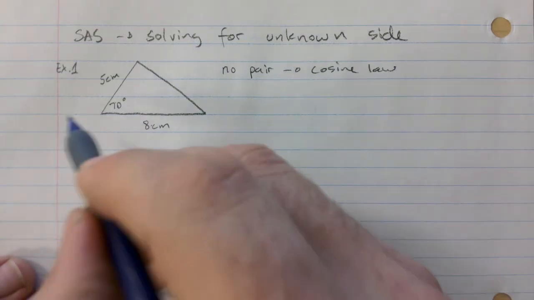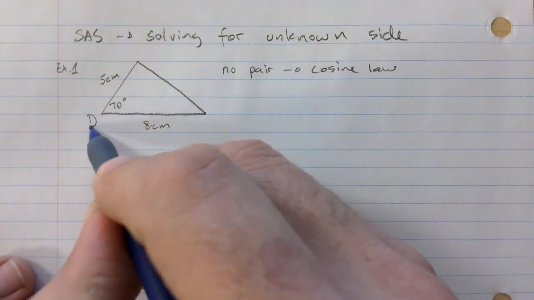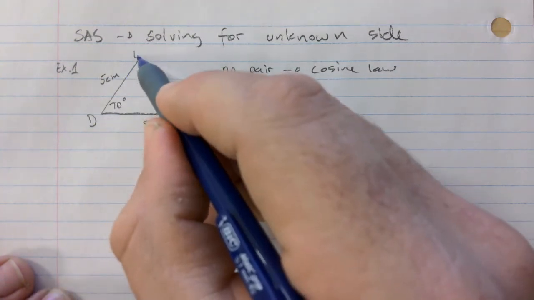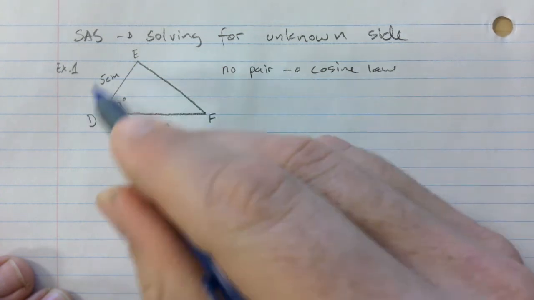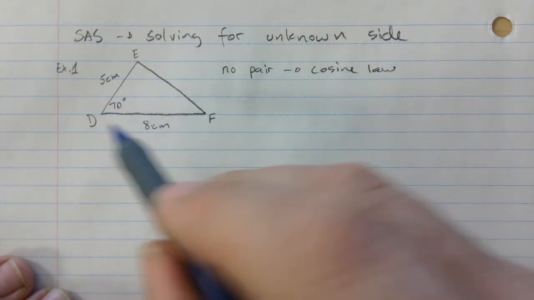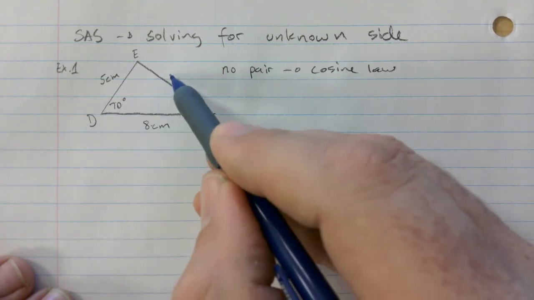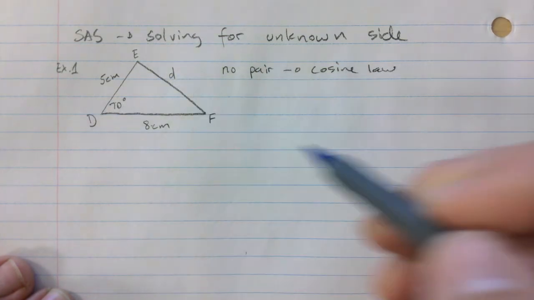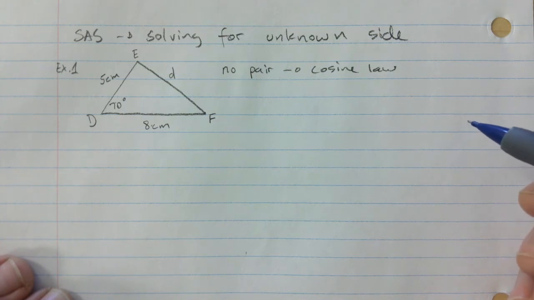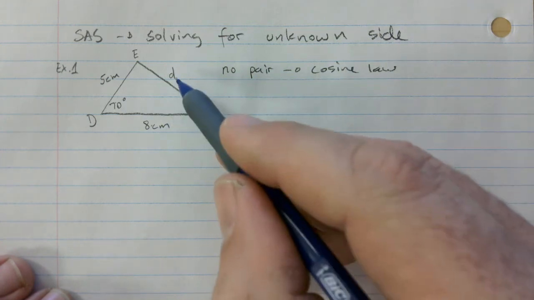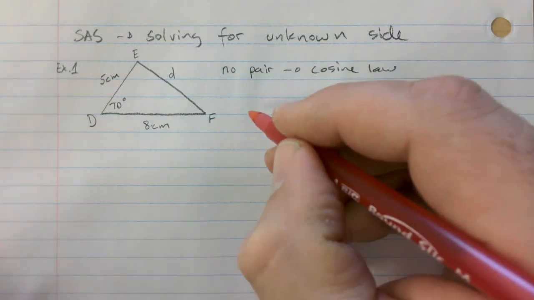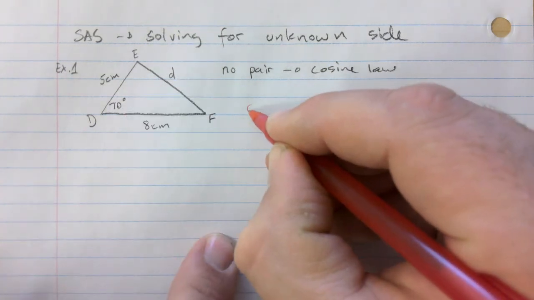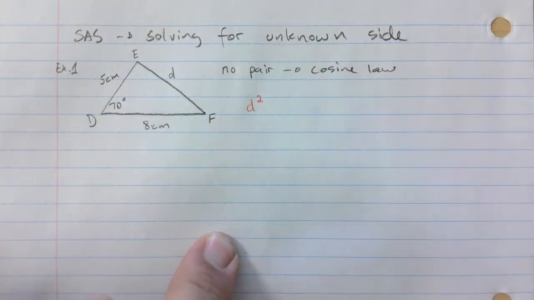And we're gonna label this as well. Okay? So we're gonna go D, E, F like this. We're gonna go clockwise. Okay? Therefore, this side right here that we're trying to find is D. Okay? So what you want to start with is that D squared. I know you don't have a D version in your notes, right? But the pattern is still the same. If you want to try to find D, you start with D squared.